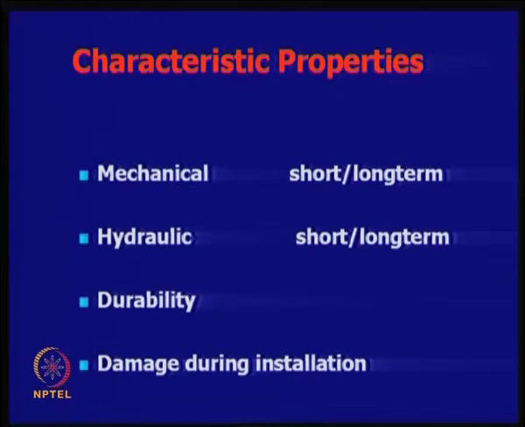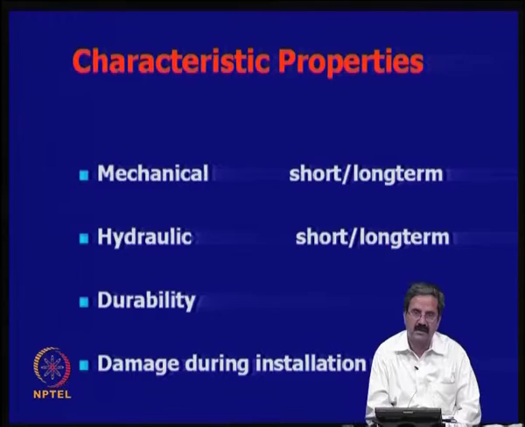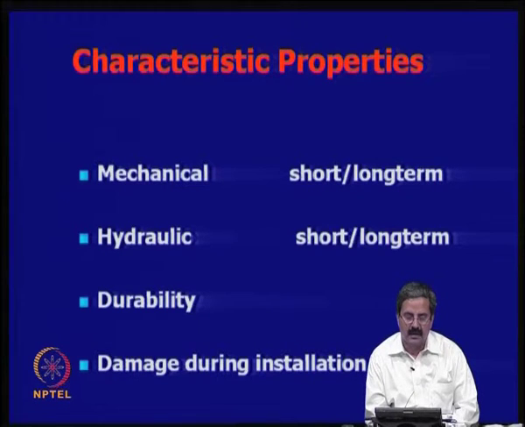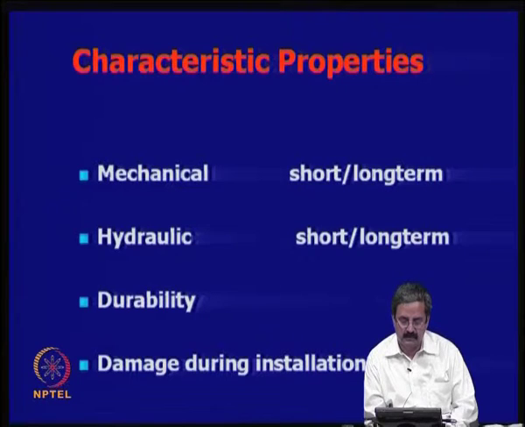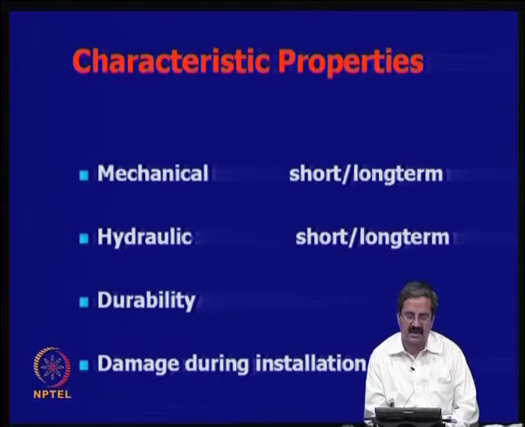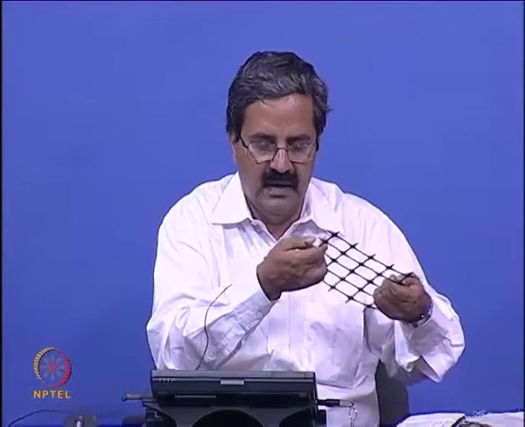Some important characteristics one should remember: you need to understand the mechanical properties, which means strength and stiffness. Strength is the ultimate tensile strength I just mentioned. Say you take this material and test it, you have its short term tensile strength.